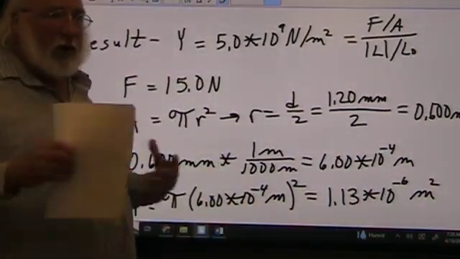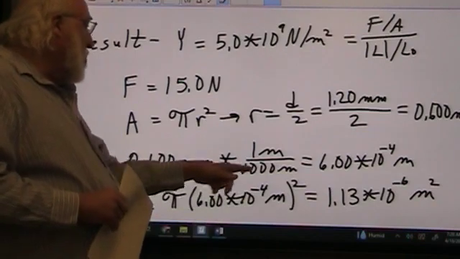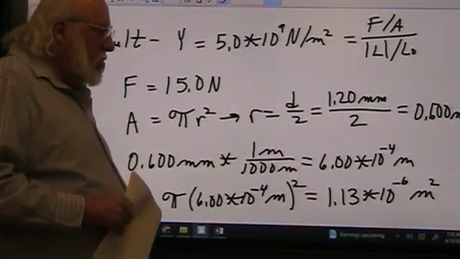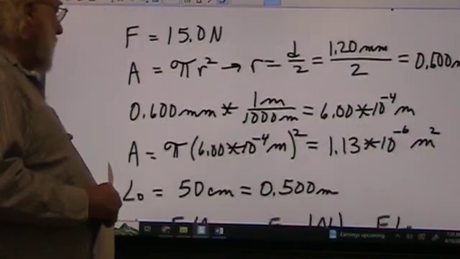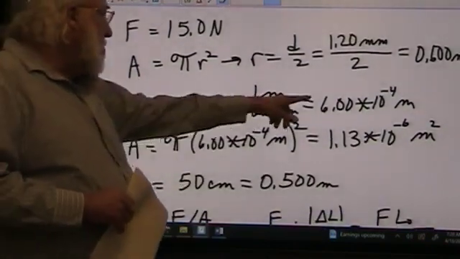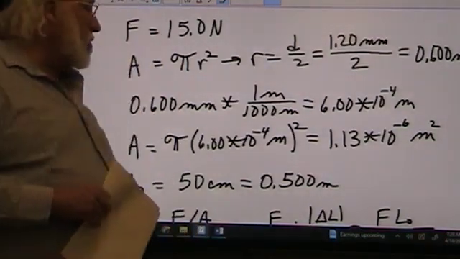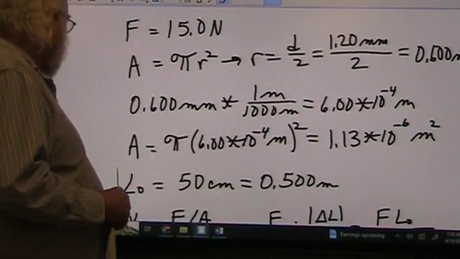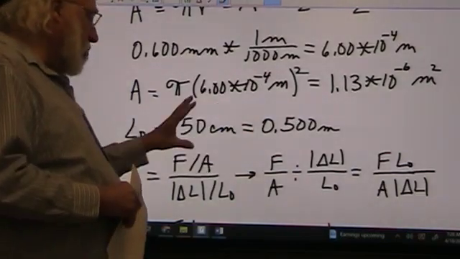Because we want everything in SI units, we change that to meters, 6.00 times 10 to the negative 4 meters, giving us an area of pi times that value squared, 1.13 times 10 to the negative 6 square meters. The original length was 50 centimeters, which we change to meters, 0.500.